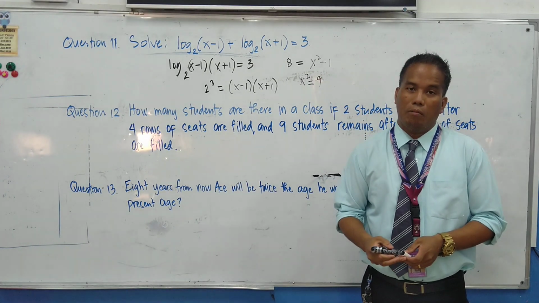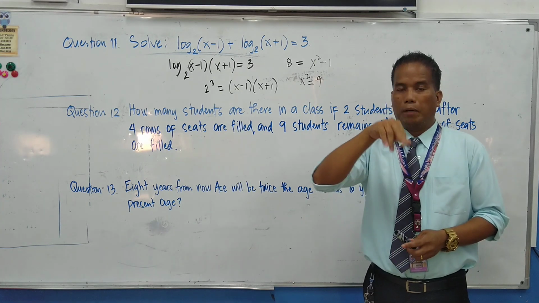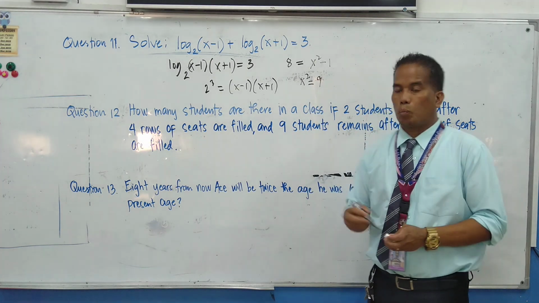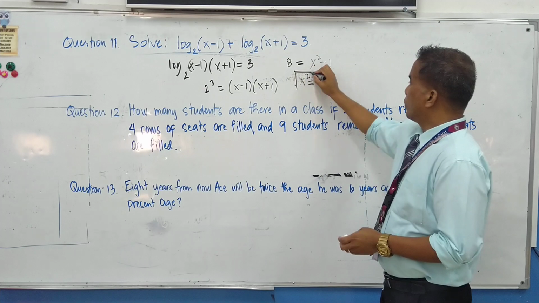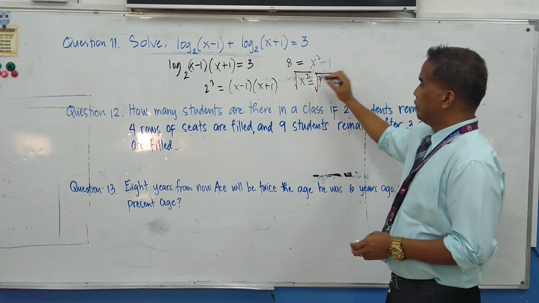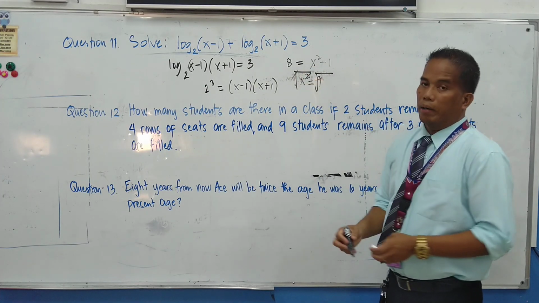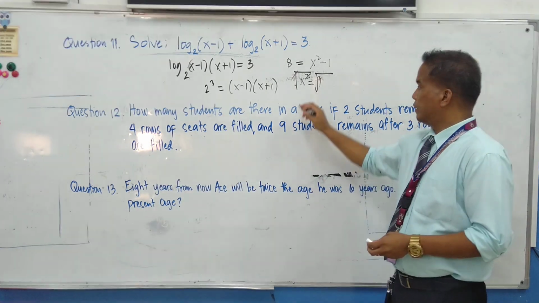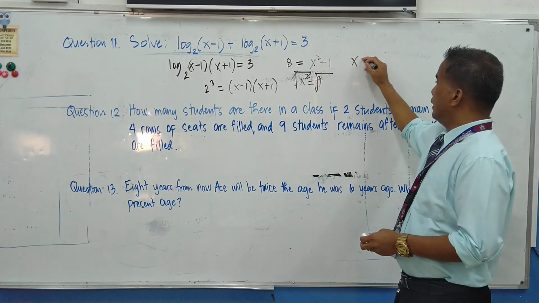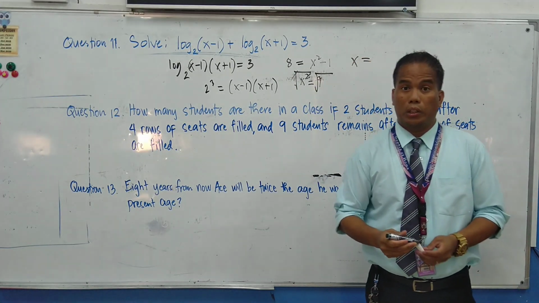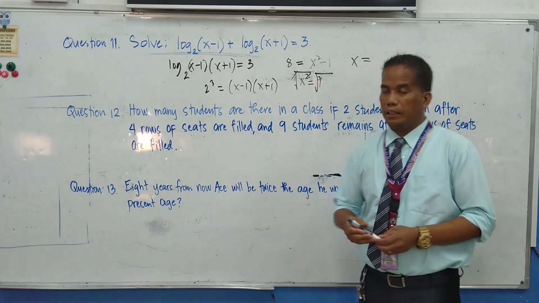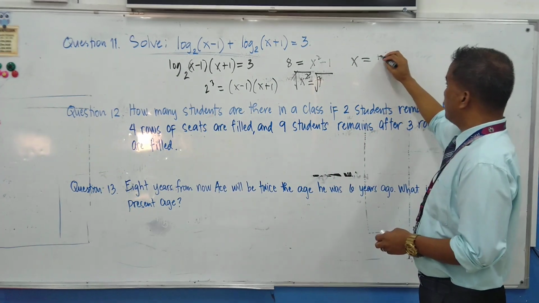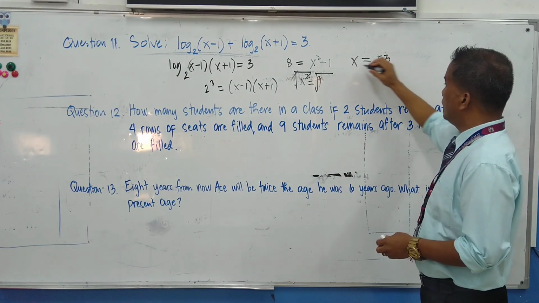Then, finding the value of x, we will apply the square root property. Square root of x squared is x, and that is equal to the square root of 9, which is positive or negative 3.